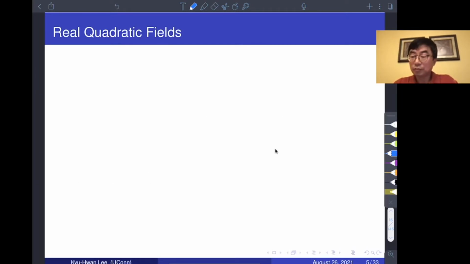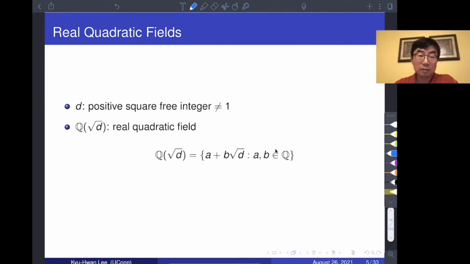Let me introduce real quadratic fields. This will be elementary, as I assume that there are some non-experts. D is a positive square-free integer other than 1, and Q adjoin square root of D is a real quadratic field.